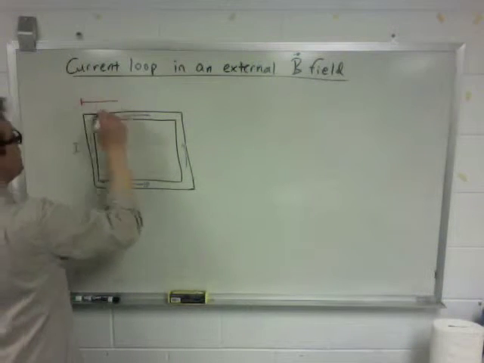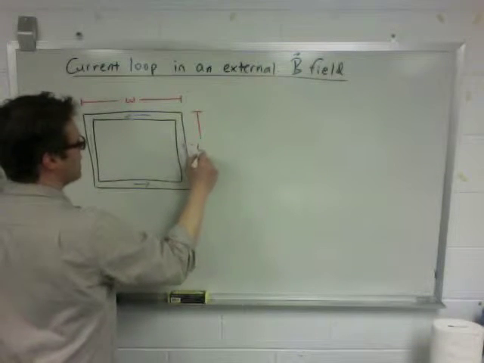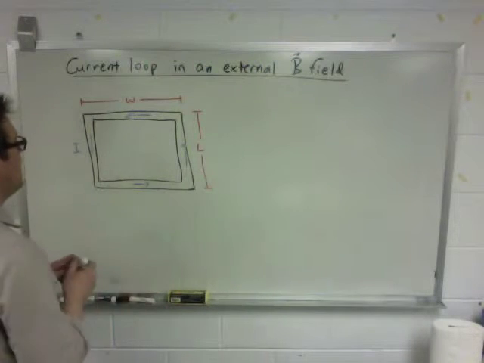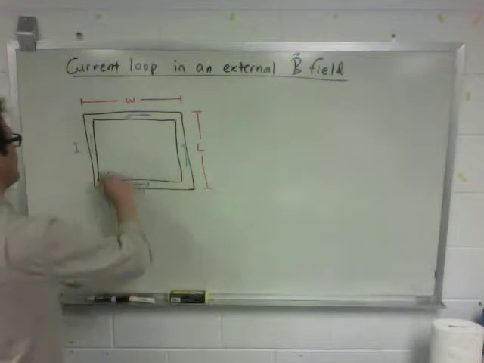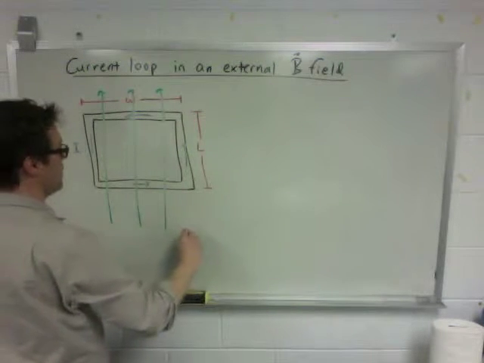Let's say that the width of my loop is W, the height of my loop is L, and the magnetic field that I have in this region, I don't know, maybe it points up. Again, this is an external magnetic field.